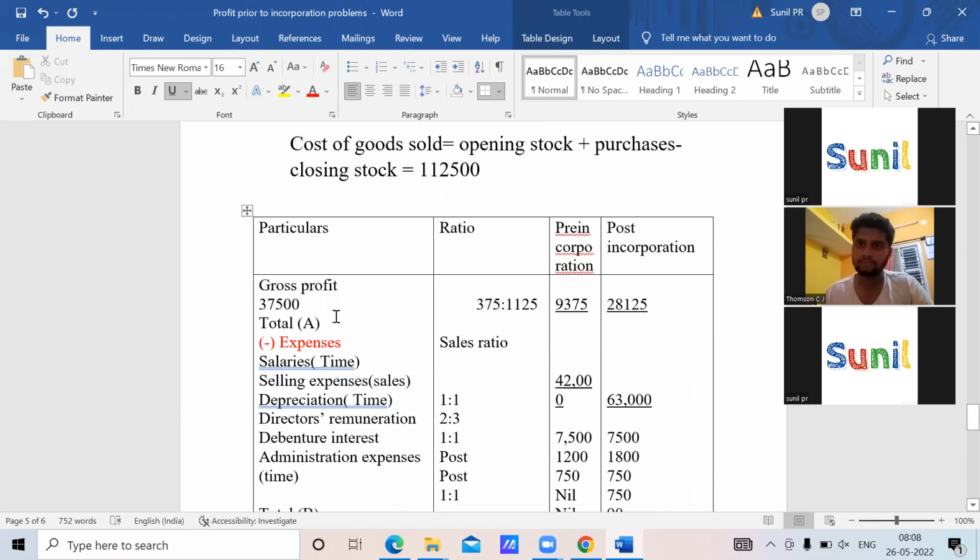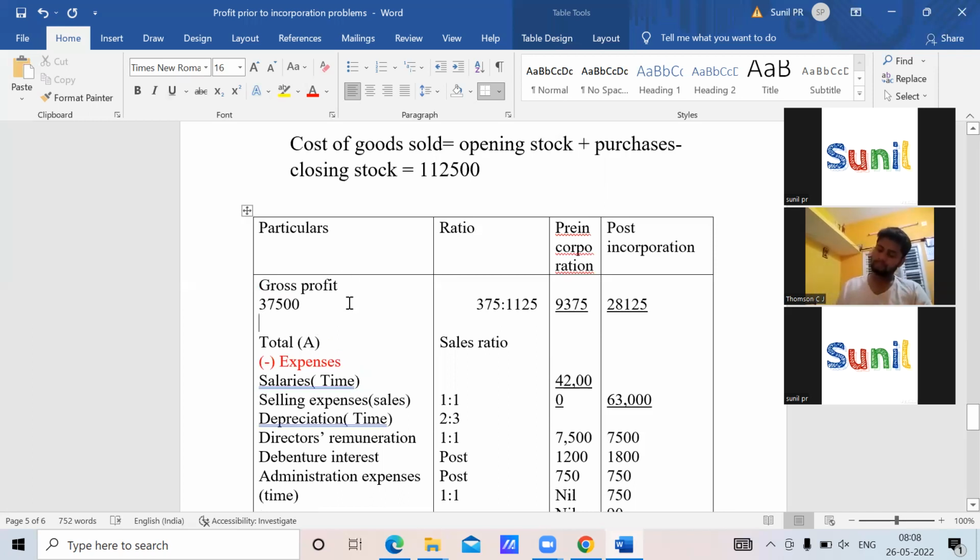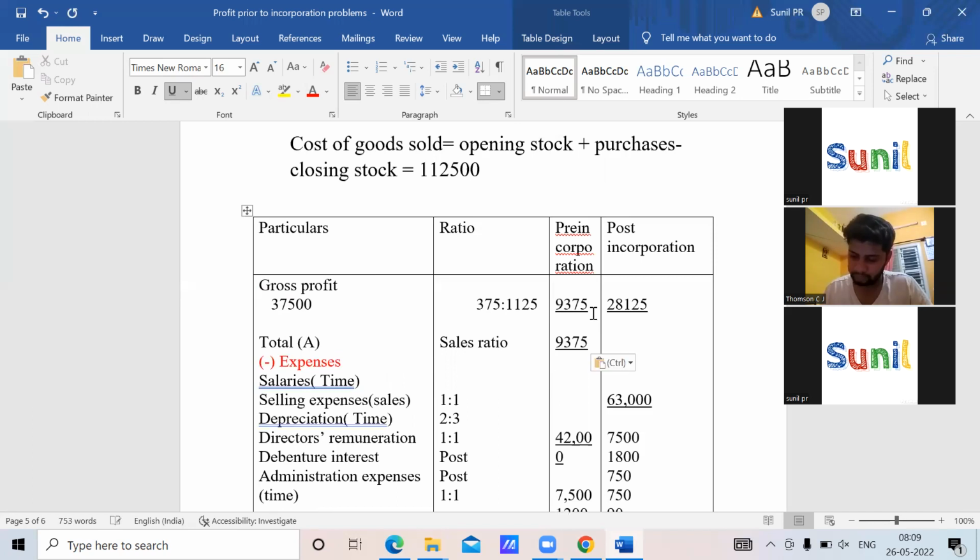Now total. Yesterday I did the total, right? Call it total of A. Gross profit, total of A. The same total, you are going to write it once again. Now, in the total part, I'm writing, just like how I'm drawing it.